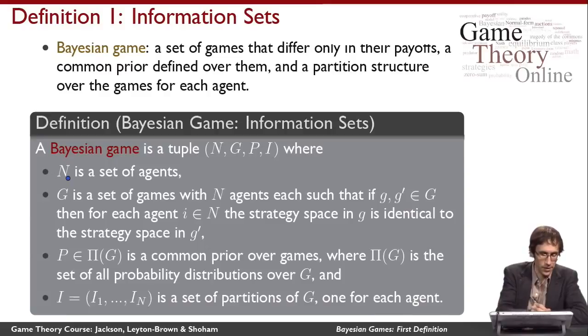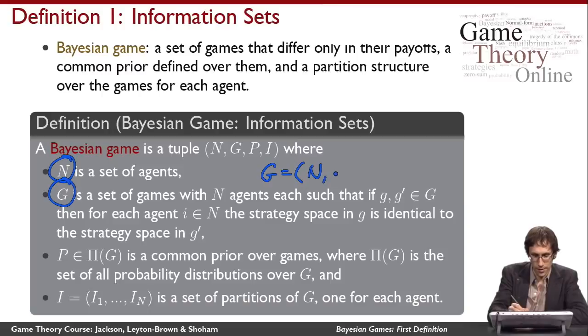The first is a set of agents. The second is a set of games. Recall that a game is defined as a set of agents, a set of action profiles, a set of action sets, one for each agent, and a set of utility functions, one for each agent.